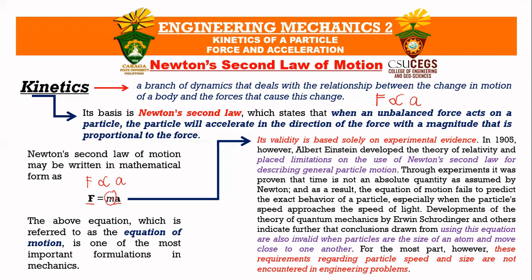Even though the equation of motion, F = ma, has limitations on particle speed and size, these are mostly not encountered in engineering problems. So there's no problem when we use F = ma.